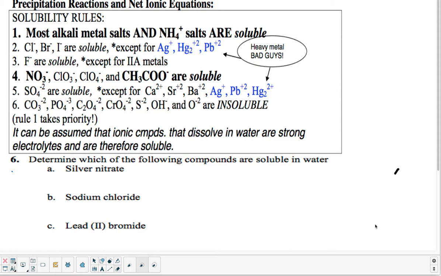So solubility rules. One rule specifically, the Big Daddy rule, is super important. Here's Big Daddy. He's a solubility pimp right there. He's got his cane and his hat.